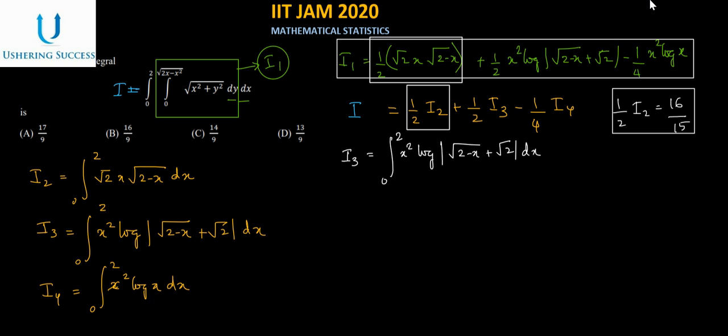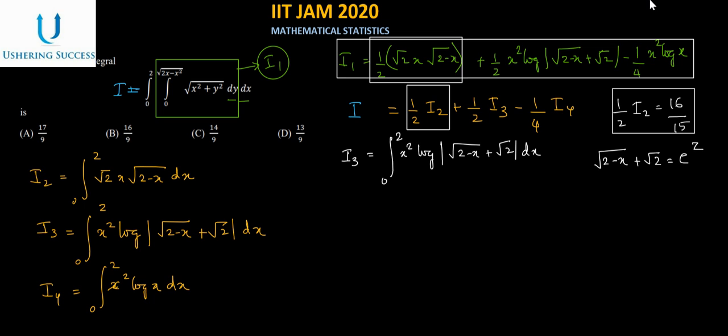Now here we can clearly see that there is a log term, so we will substitute root over 2 minus x plus root 2 as e to the power z.